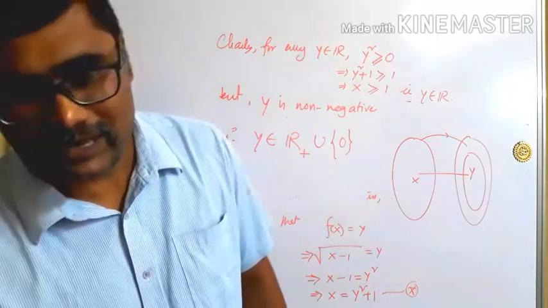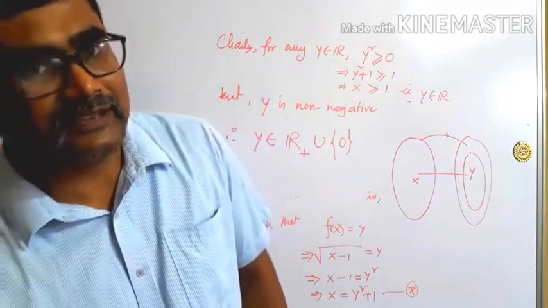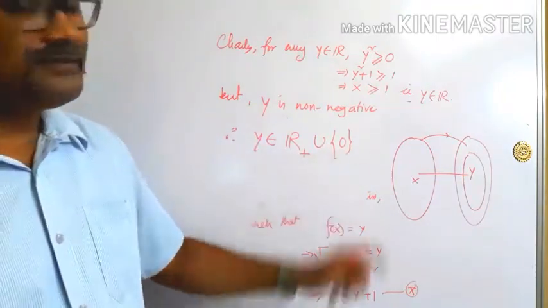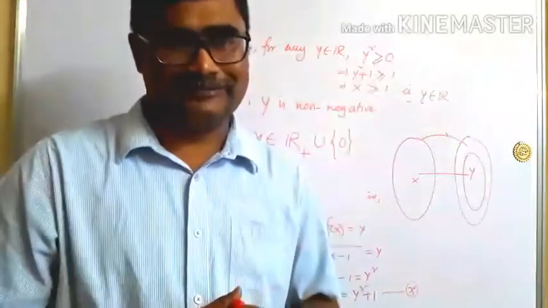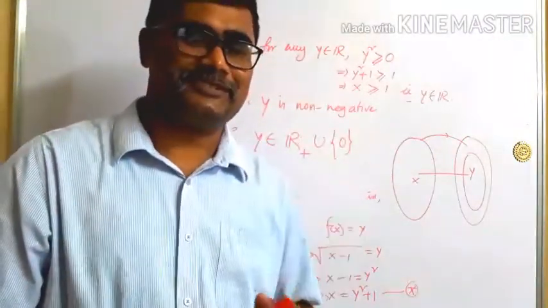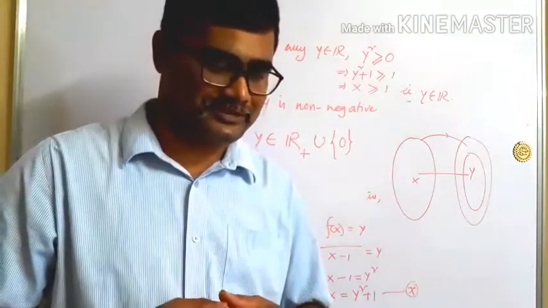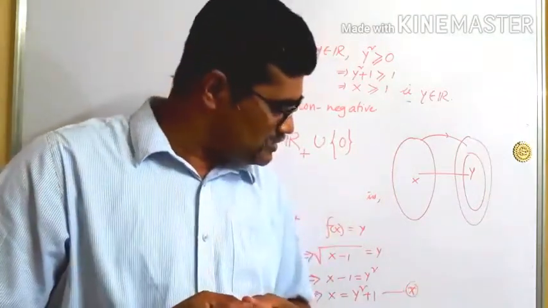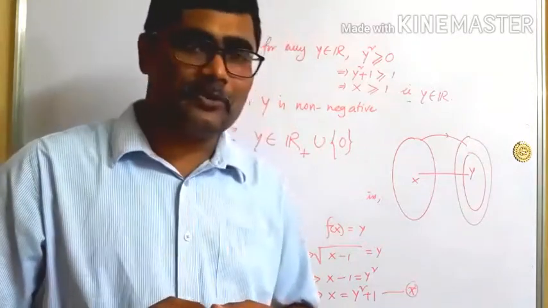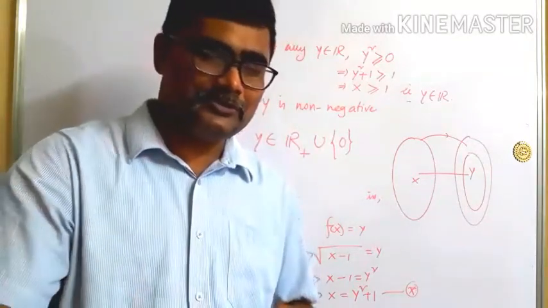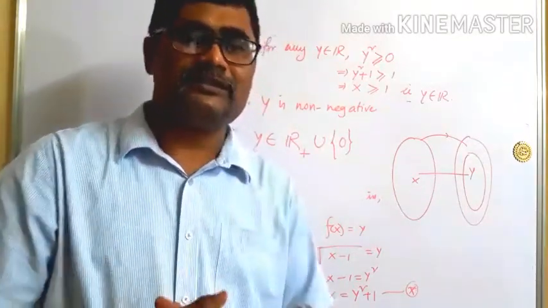R plus means positive real numbers, and then union 0. Now that's the range. So this is how you are going to work out for finding the range.